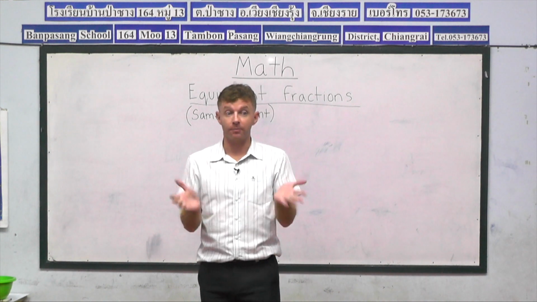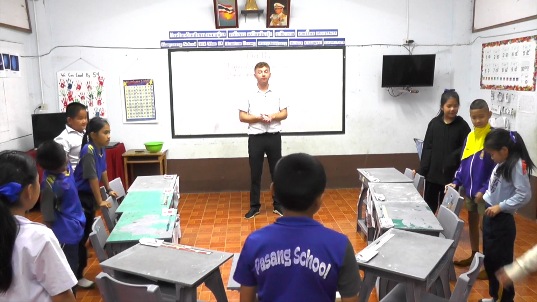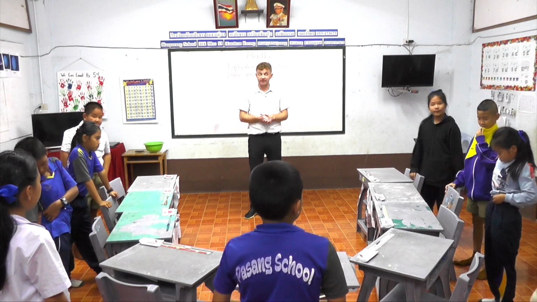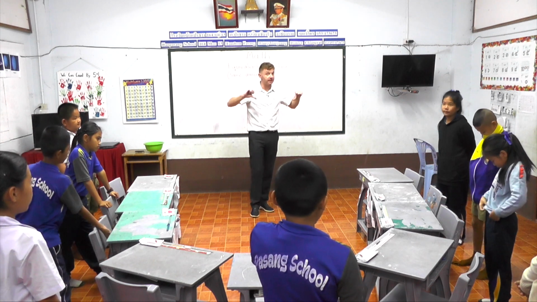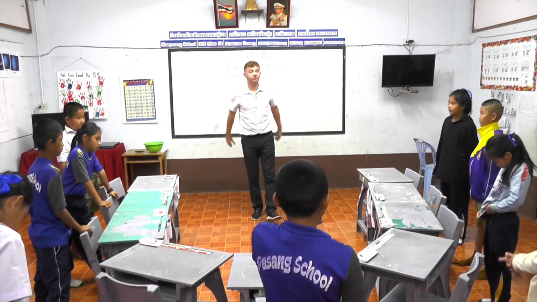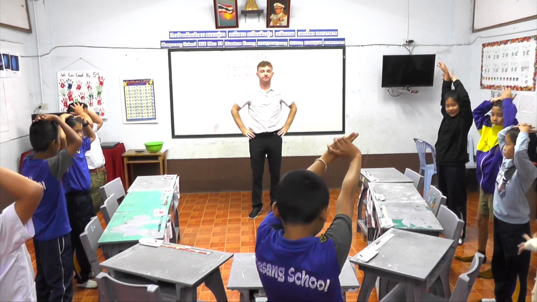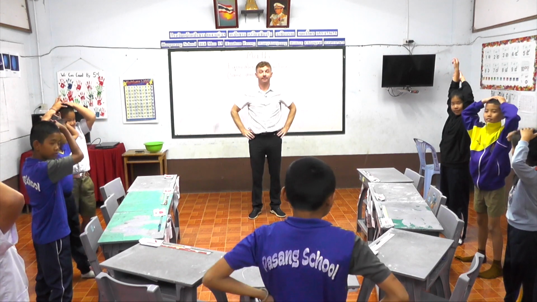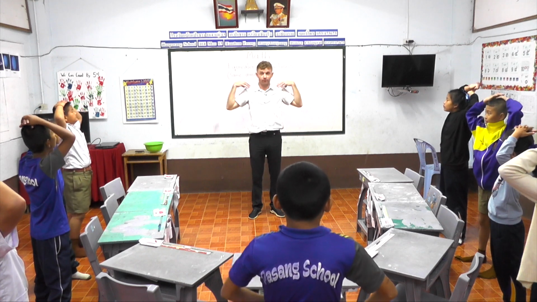So let's stand up and push in our chairs. And for this sequence, we'll have a game of teacher says. So listen carefully. If teacher says, we can do. If teacher doesn't say, don't do. So teacher says, hands on head. Hands on shoulders. Teacher says, hands on shoulders.